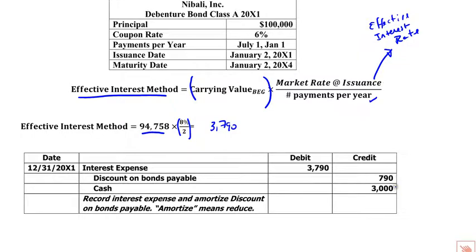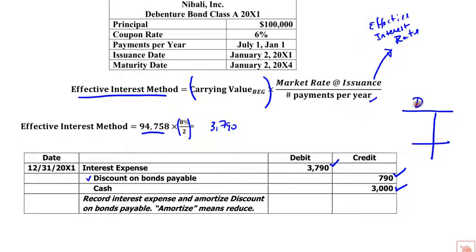All right. Now, the cash interest payment is $3,000. The interest expense is $3,790. We have a plug of $790 credit. Well, we're going to use that to reduce the discount on bonds payable.